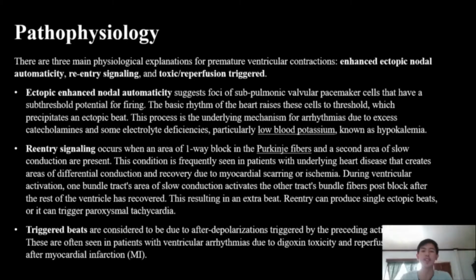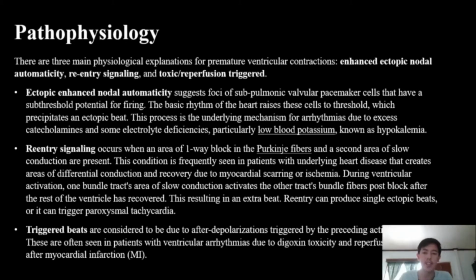This process is the underlying mechanism for arrhythmias due to excess catecholamines and some electrolyte deficiencies, particularly low blood potassium, known as hypokalemia. Another would be re-entry signaling, which occurs when an area of one-way block of the Purkinje fibers and a second area of slow conduction are present.